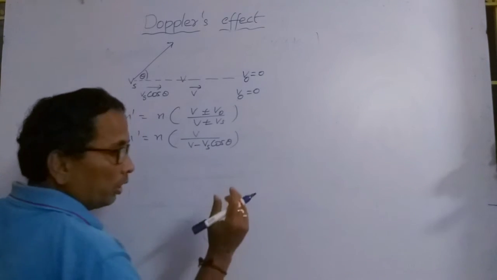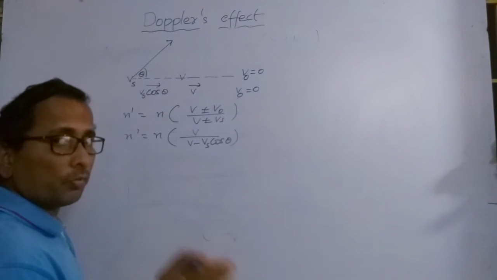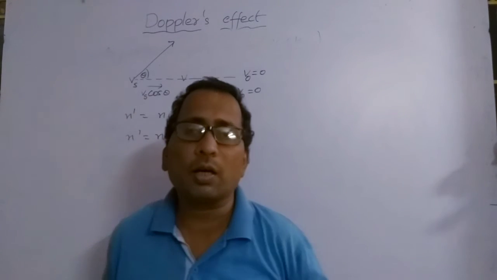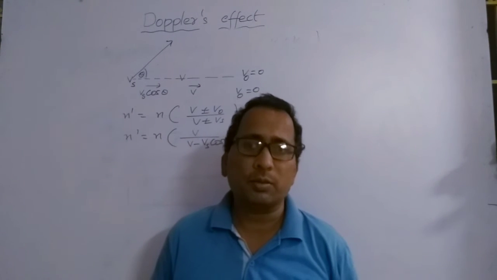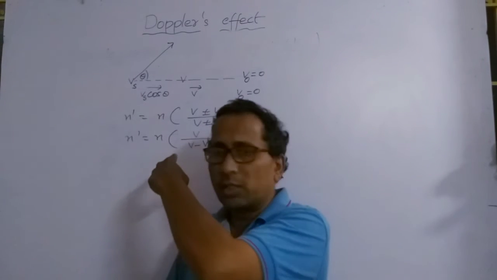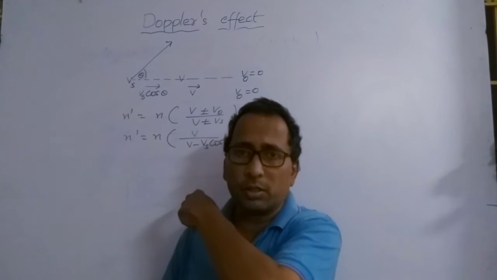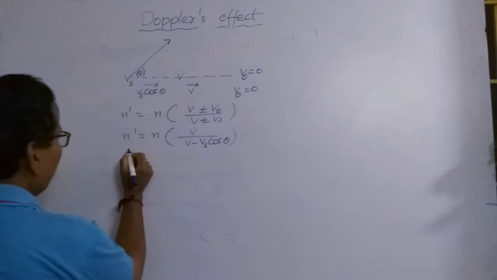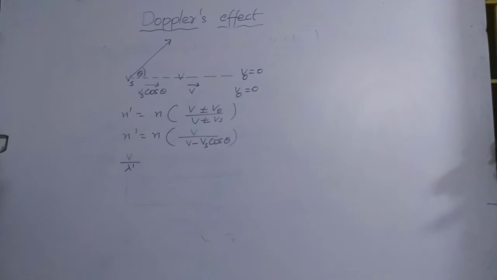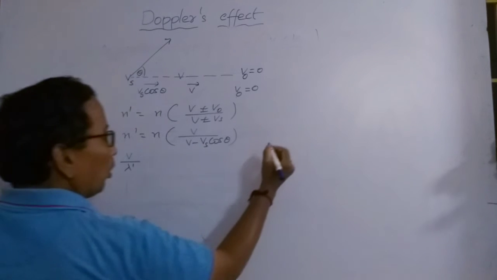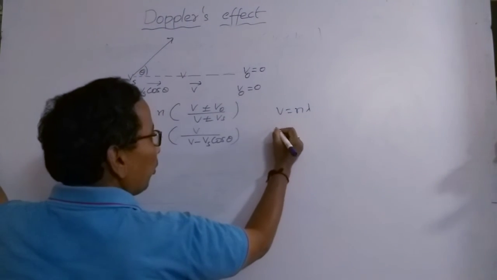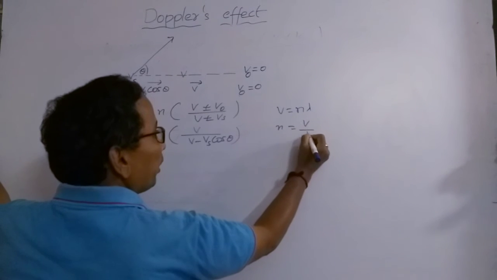And also, if the problem involves wavelength, where they ask for the apparent change in the wavelength, simply write the same thing. First write this formula, n dash is equal to n into something. Then n dash can be written as v by lambda dash, because we already know v is equal to n lambda, so n is equal to v by lambda.